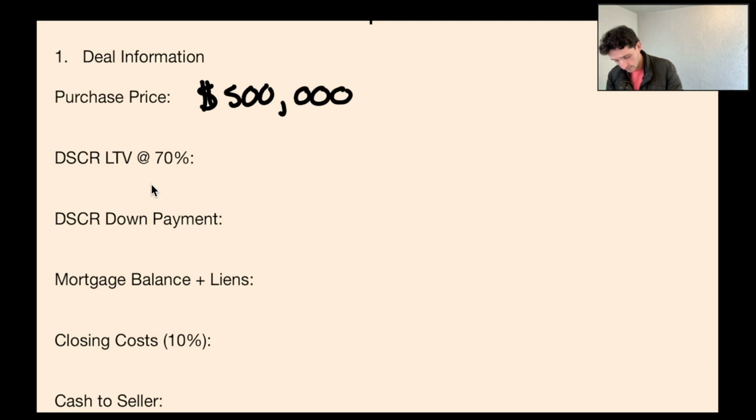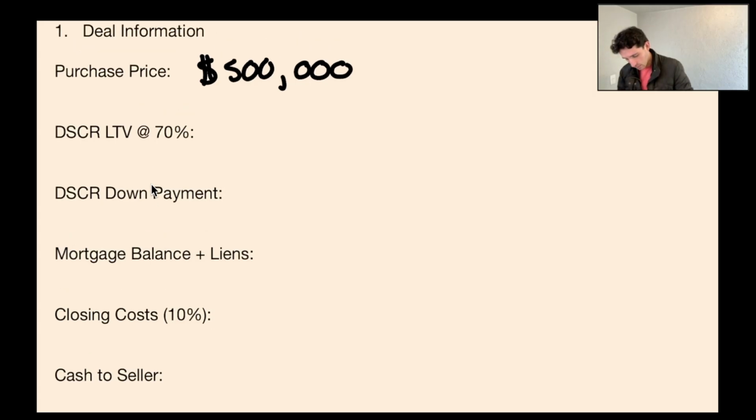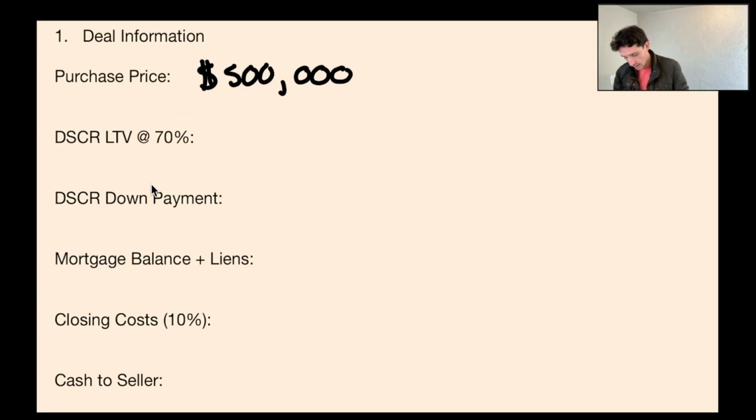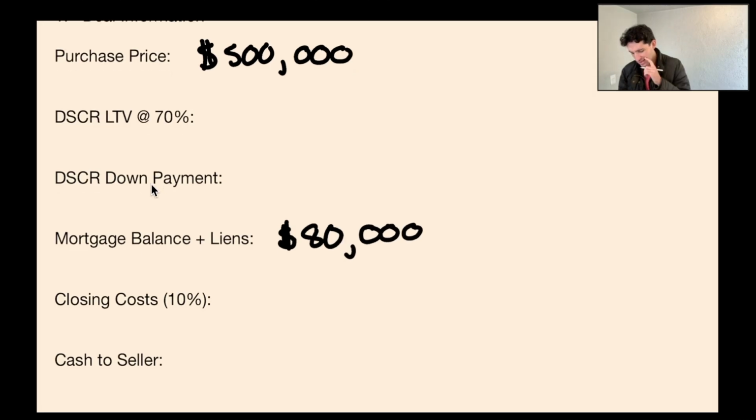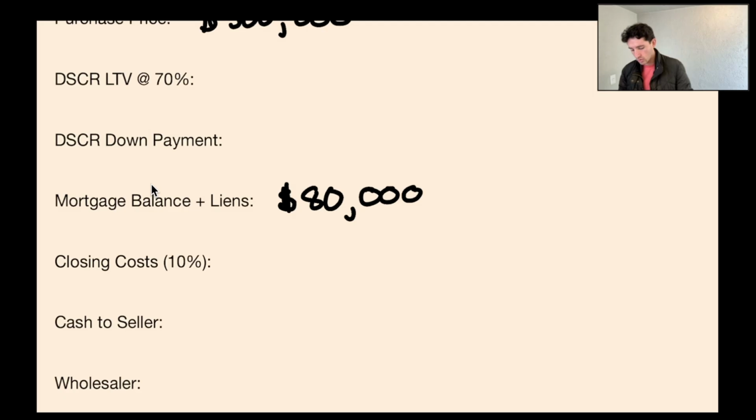There is some mortgage balance in here for 80,000. And the seller wants a down payment of, let's do 200,000. Let's see what happens there.